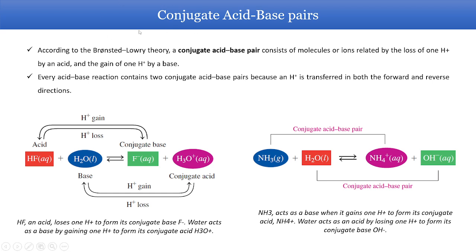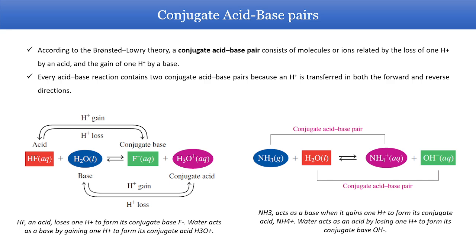If you see the two examples, you have hydrogen fluoride, which acts as an acid that loses one H plus to form its conjugate base, fluoride, and water acts as a base by gaining one H plus ion to form its conjugate acid, the hydronium ion.